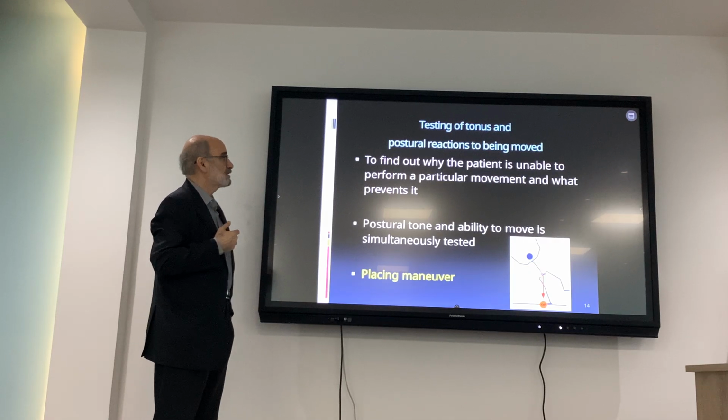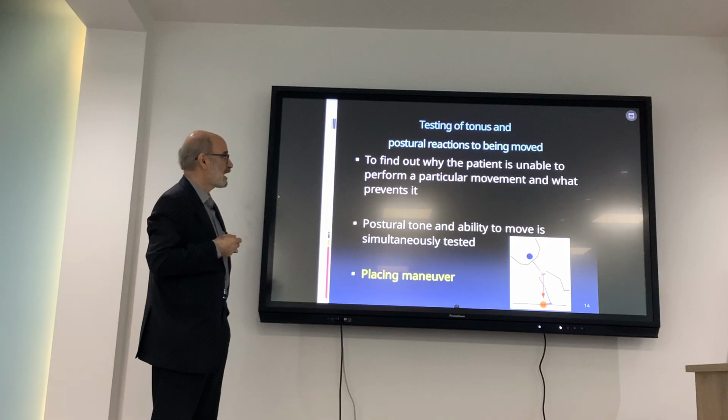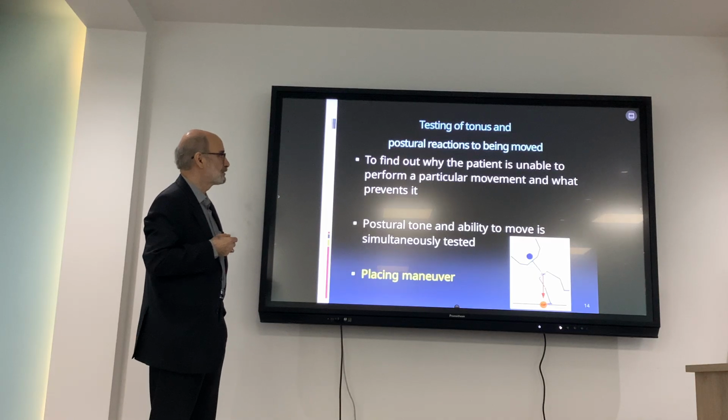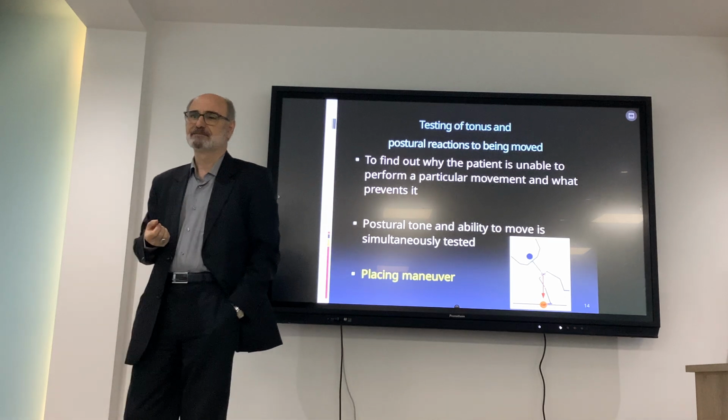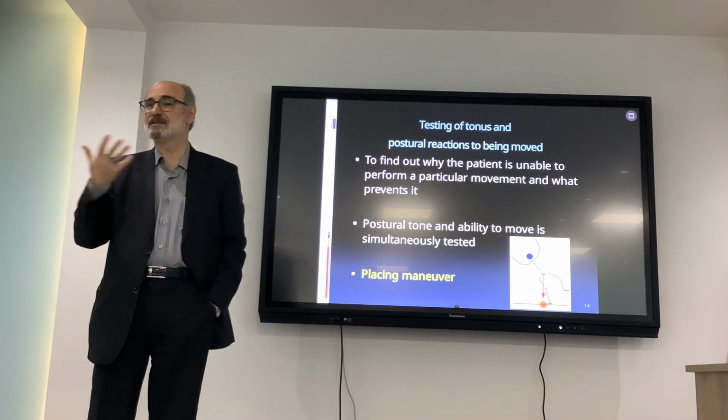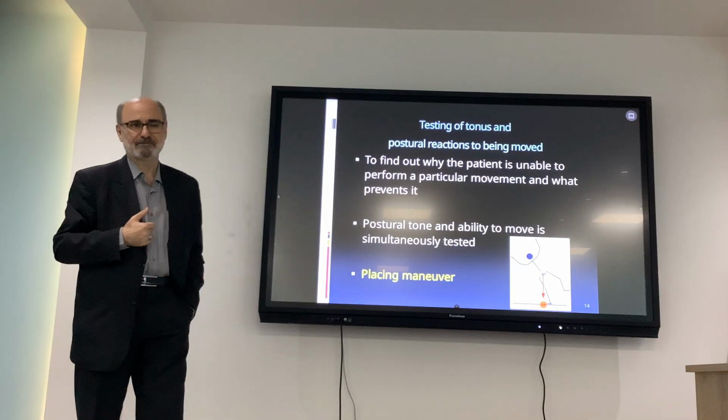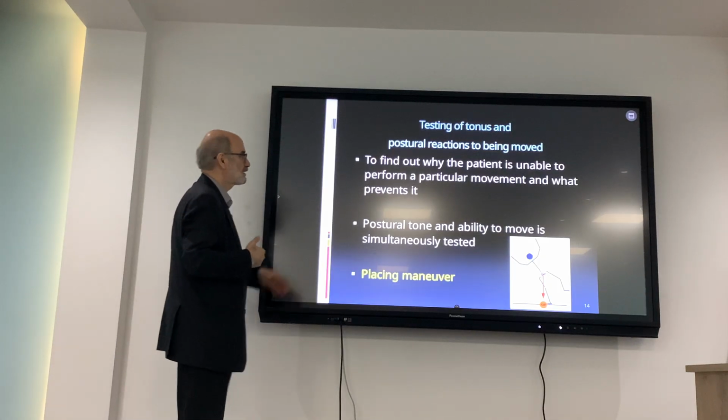Tonus: testing of tonus and postural reactions to being moved. Please tell me what this test is evaluating.